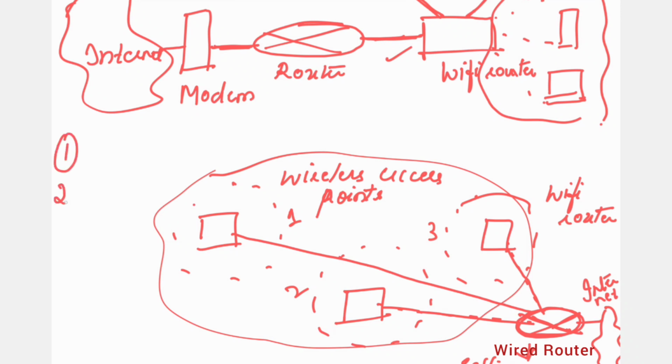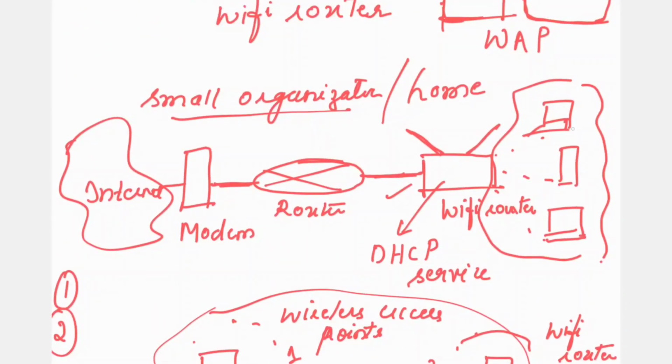The second difference between the wireless access point and the Wi-Fi router is that the Wi-Fi router has an inbuilt DHCP service. So all the devices connected to this Wi-Fi router will be automatically assigned IP addresses.